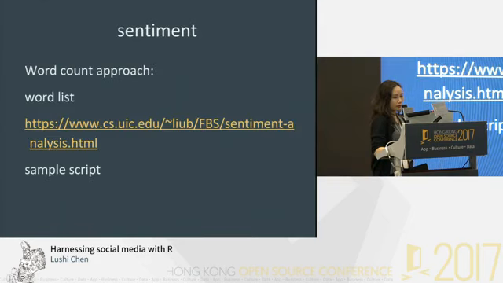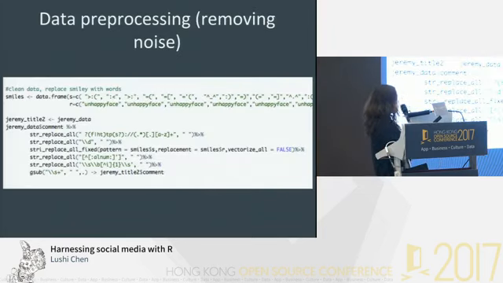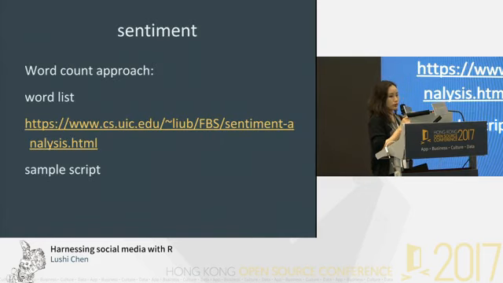Okay, so now I'm going to talk about sentiment. After we remove all the noise in the data, we can start to do sentiment analysis. A very easy way to do it is a word count approach. You find a sentiment list, and you count how often the words on the sentiment list occur in your text.